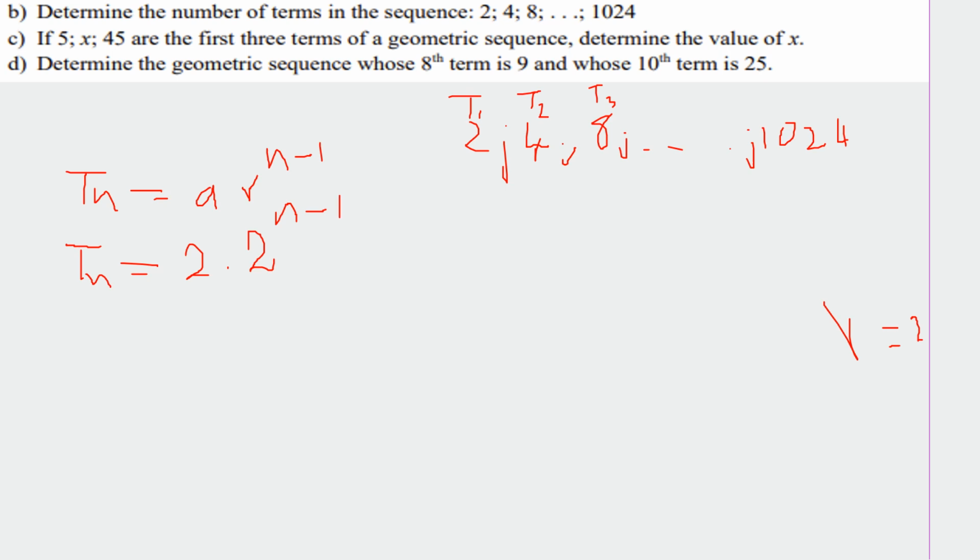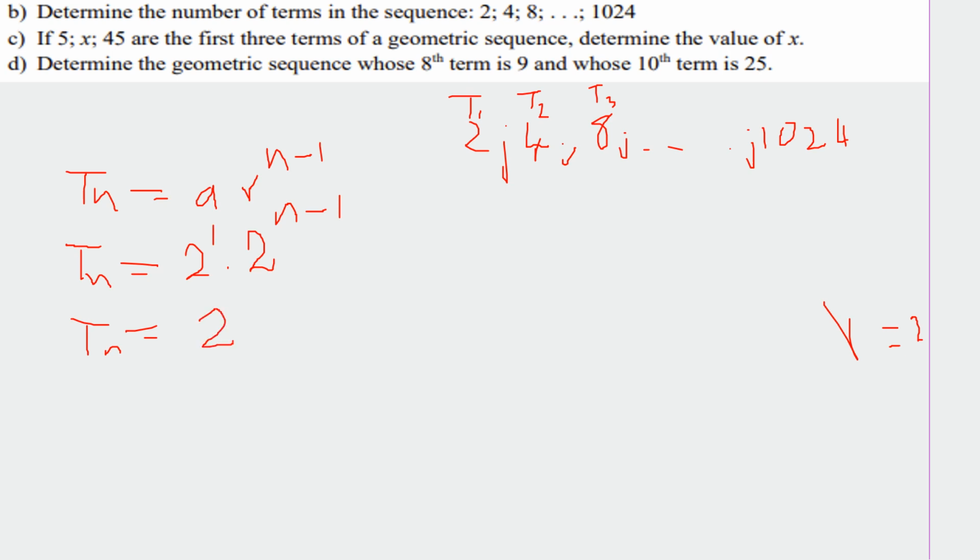Okay, so now when we simplify this further, on your right hand side you have a product of numbers that have the same base. So remember that law that says when you multiply the same base, you add the exponents. Therefore you keep the base the same and then you add the exponents.